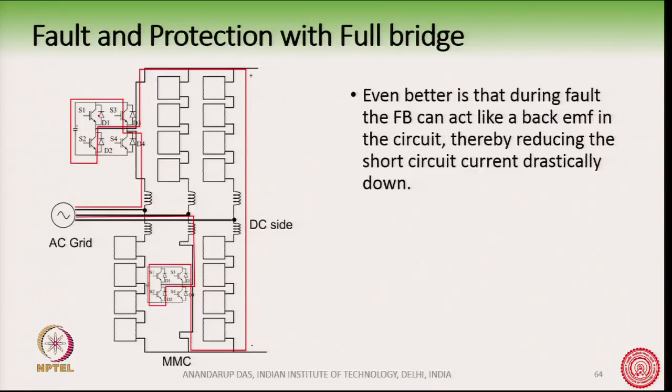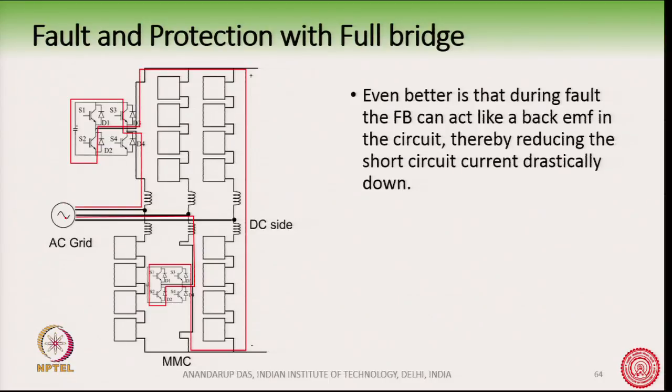Why? Because you see, the capacitor along with this full bridge circuit is nothing but a controllable voltage source, and so the arm is a controllable voltage source. Now, suppose the fault has happened and you modify your controllable voltage source in such a way that it is like a back EMF to this AC grid voltage source.